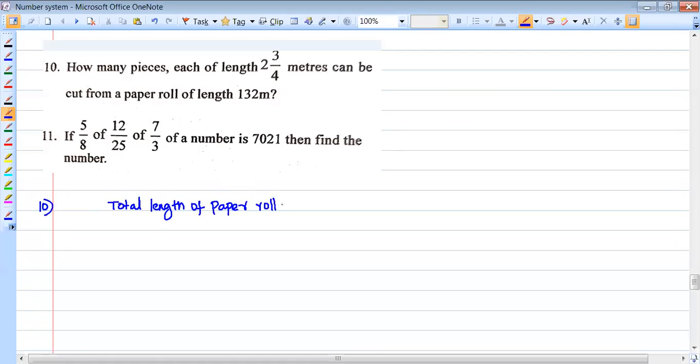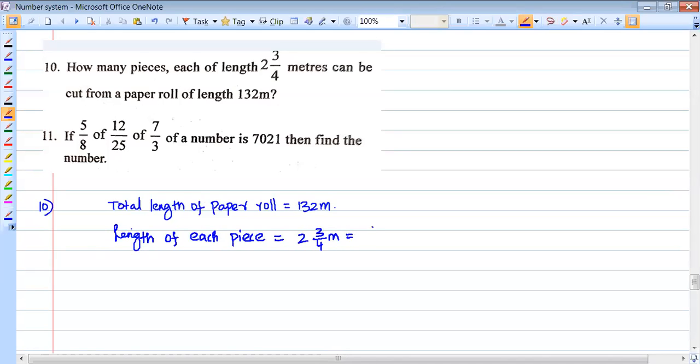Total length of paper roll is equal to 132 meters. Next, length of each piece is equal to 2 3 by 4 meters.